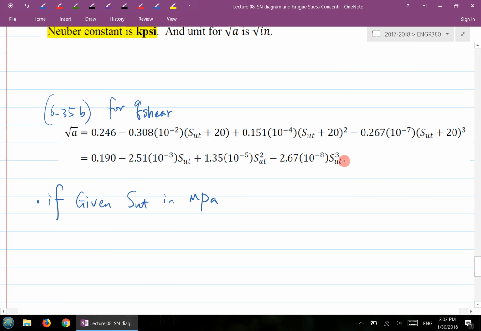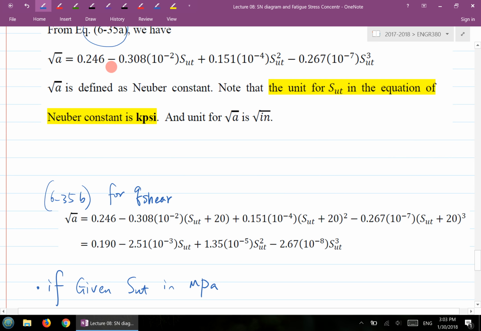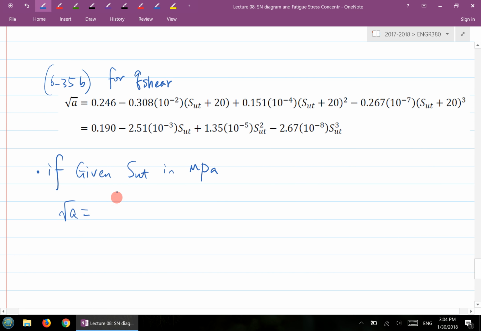In this case, we have to modify the Neuber constant formula slightly. For example, for this formula here, what do we do? You convert this SUT from megapascals to KSI. So you use SUT divided by 6.89 wherever there's SUT.